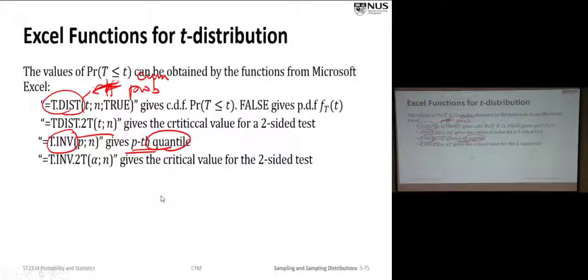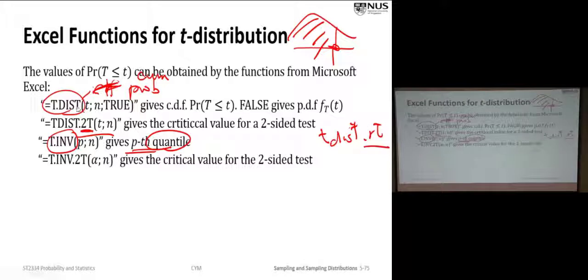Cumulative probability means that you are given the value and then you look for this probability. 2T is 2 tails. I think they also have RT, T.DIST.RT. This is the right-hand tail. By default, this is the left-hand tail.